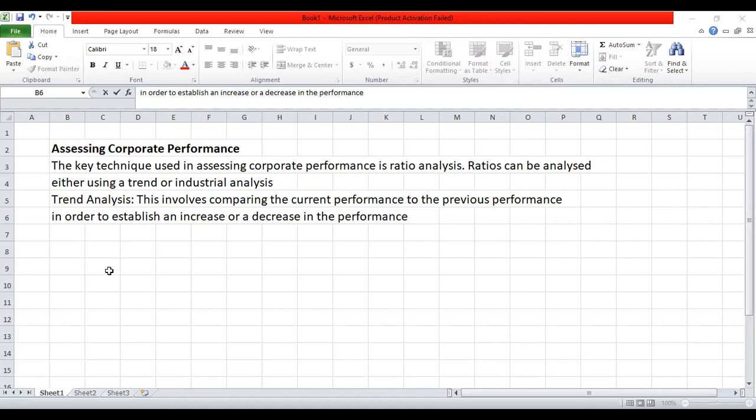So that is the trend analysis. Then another one is what we call industry analysis. So in industry analysis, you compare the company's performance to the other companies in the industry. For example, if it's a university, you compare maybe University of Kigali with other universities in that industry.